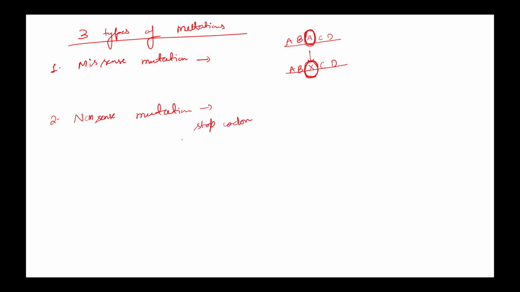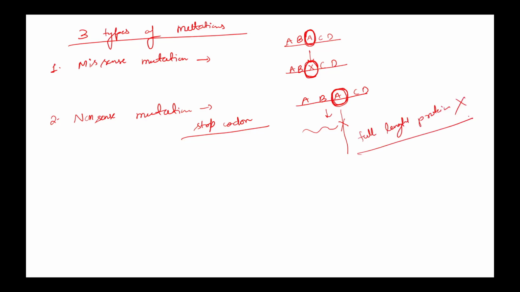That means if there is an amino acid chain being synthesized and in one particular codon such a mutation happens, then protein synthesis stops at this point only. Full length protein is not synthesized because of the presence of a termination codon in between due to the nonsense mutation.